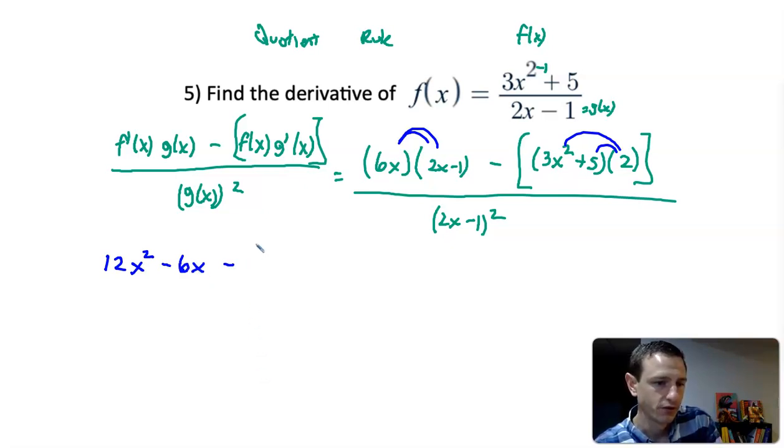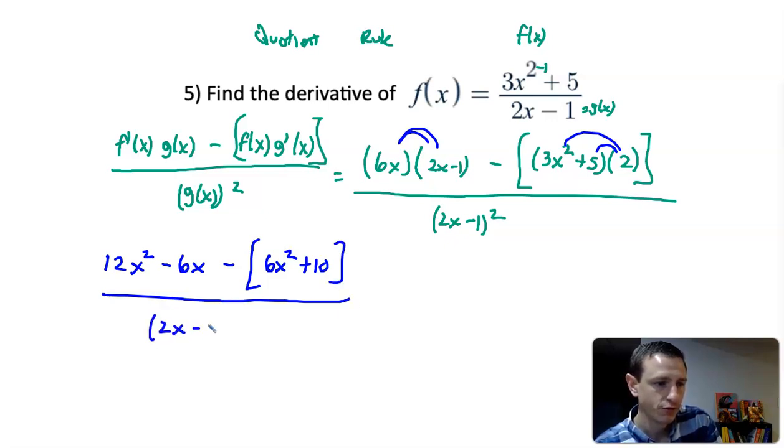minus, and I'm going to put this still in brackets, because all I'm doing here is distributing the 2 first. So 2 times 3x squared is 6x squared. 2 times 5 is 10. All over, and we don't want to expand out 2x minus 1 squared. I don't want to expand that out, we'll just leave it alone.